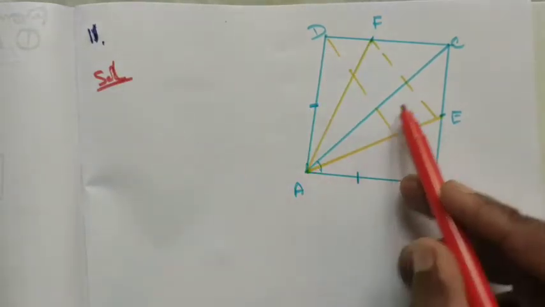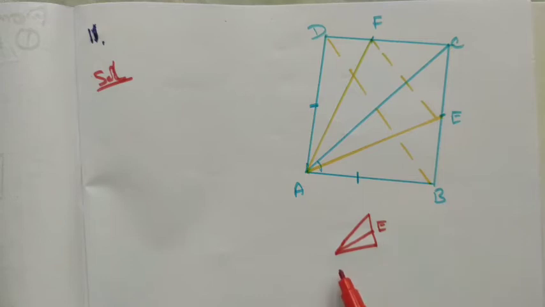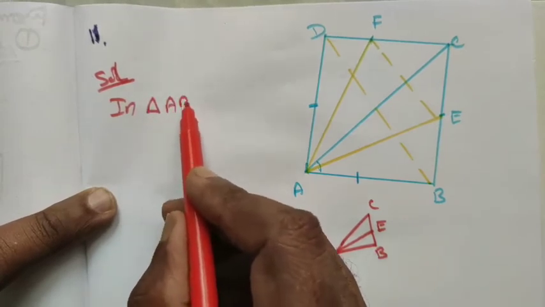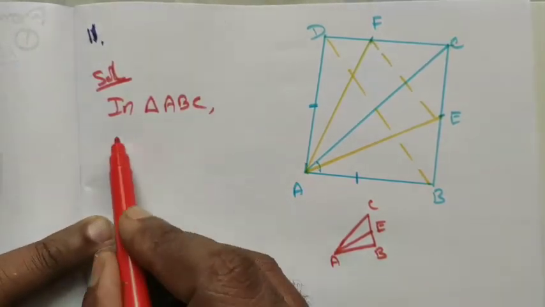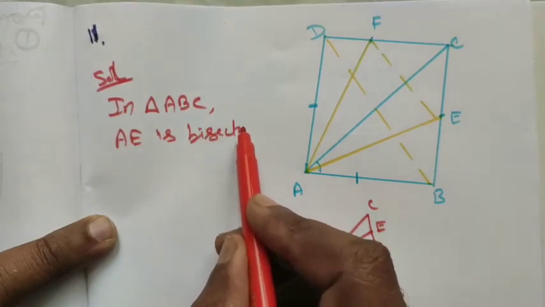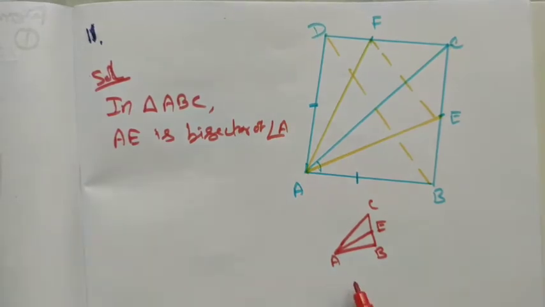Let me take this triangle ABC. Let's draw it roughly. This is the triangle ABC, and AE is the angle bisector of angle A. Here we have the angle bisector theorem.